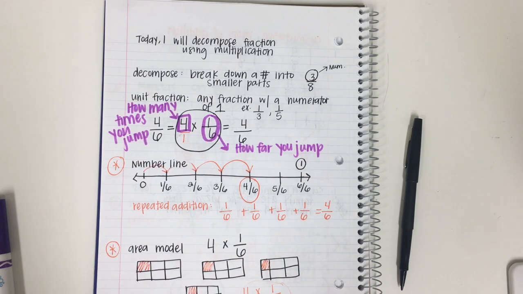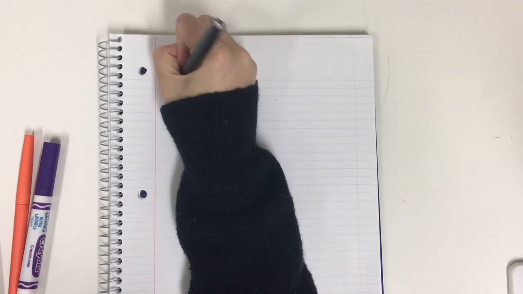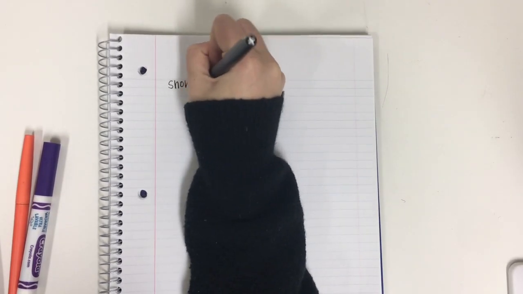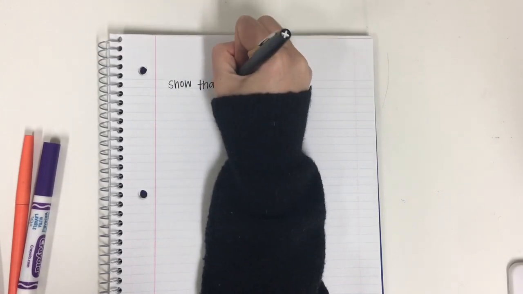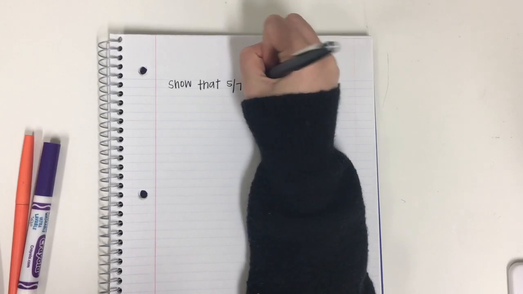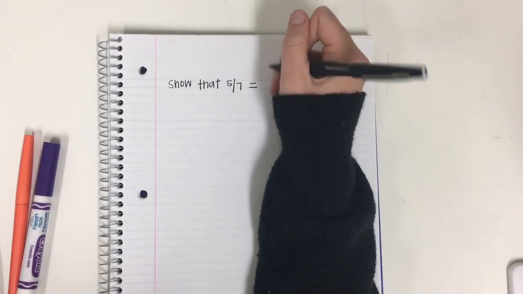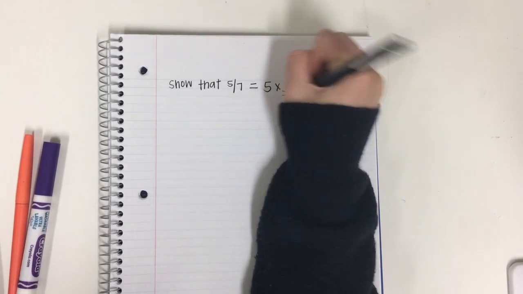Okay? So I'm going to give you 1. I'm going to already decompose it for you, and I want you to show me using a number line and an area model. I want you to show that 5/7 can also be written as 5 times 1/7.